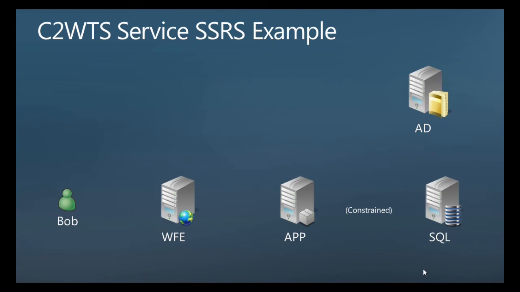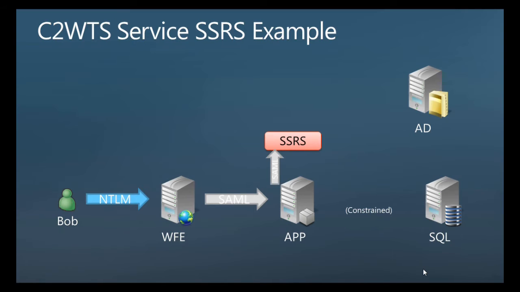So let's take a look at how this actually works. First we have Bob coming into the web front end using NTLM. The web front end authenticates Bob, and now the web front end goes back to the application server, in this case it's reporting services, using Bob's claim set. SSRS takes a look at that claim and says, oh, okay, I know who Bob is, but I need to go off and I need to grab data from SQL Server.